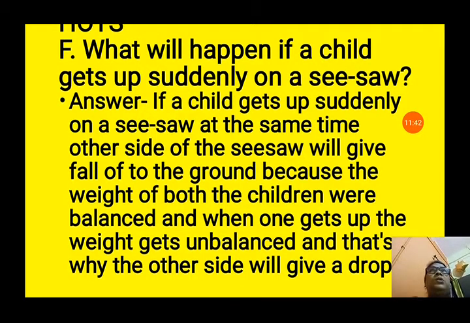When they are sitting on the seesaw, there is a balance between the load and the effort. But when one gets up, the weight becomes unbalanced, and that's why the other side will drop.